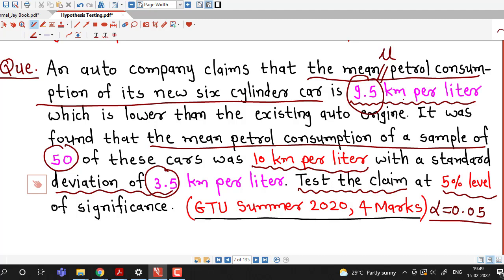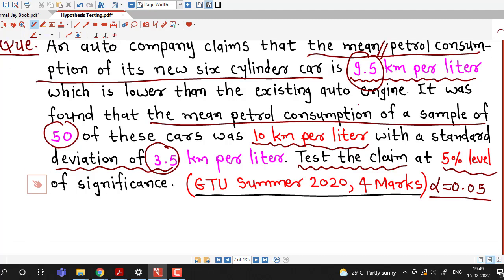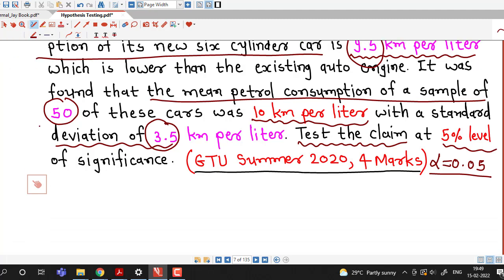That is, mu is different from 9.5 km per liter, and we are given a sample of 50 of these cars. That is, we will consider n equal to 50, and it is given that sample mean, that is x bar, is given to be 10 km per liter, and we are given sample standard deviation, which is capital S. S is 3.5 km per liter.